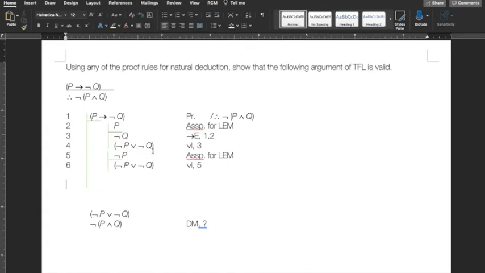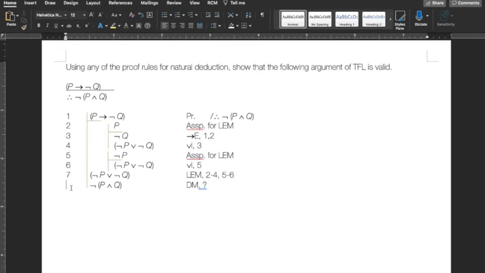That rule says that if you can infer the same sentence from one sentence and its negation, you can add that sentence to your tree. So that means that this sentence that I thought I wanted to get is actually my line 7, and I got to it by law of excluded middle with 2 subproofs, one that ran from lines 2 to 4 and one that ran from lines 5 to 6.